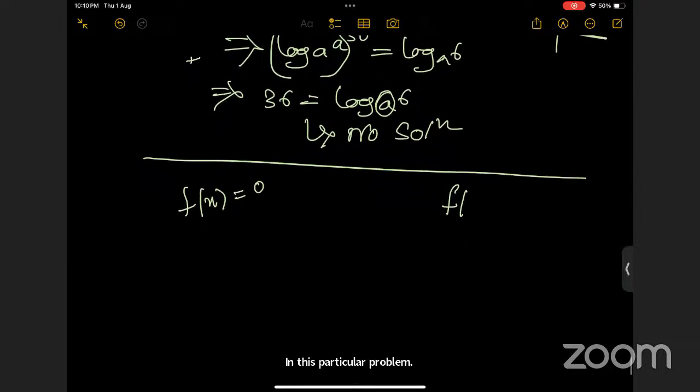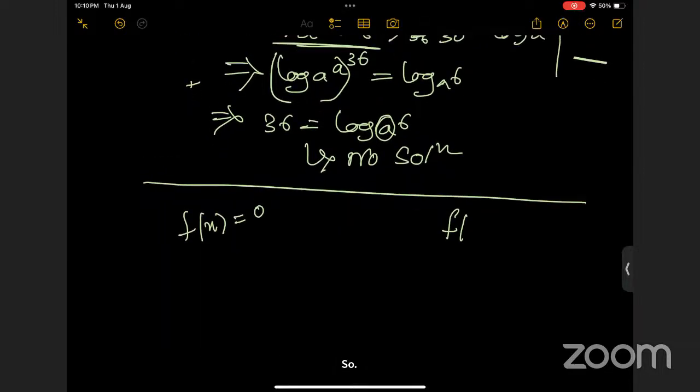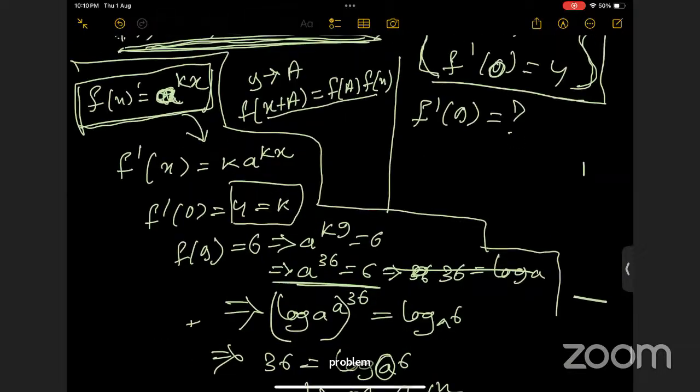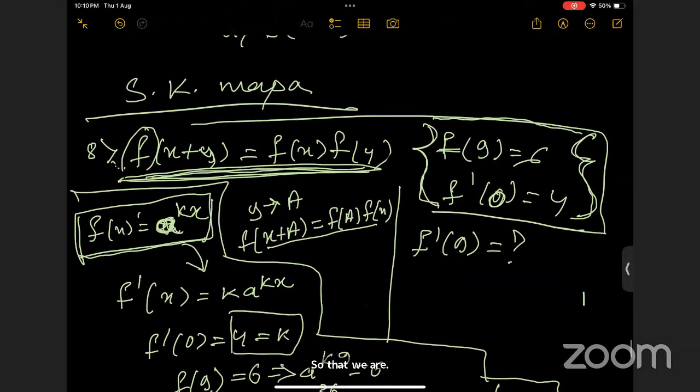In this case, it is not mentioned in the problem that x and y are independent variables, so we can say f(x) is equal to a to the power x. This example satisfies this equation, but it is not satisfying this initial condition.